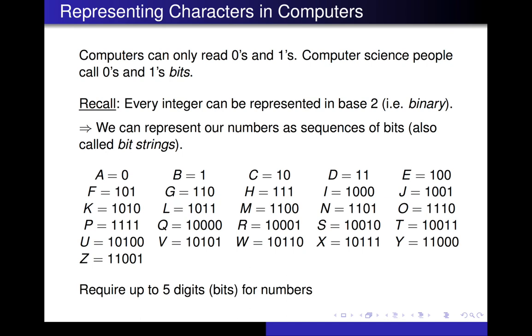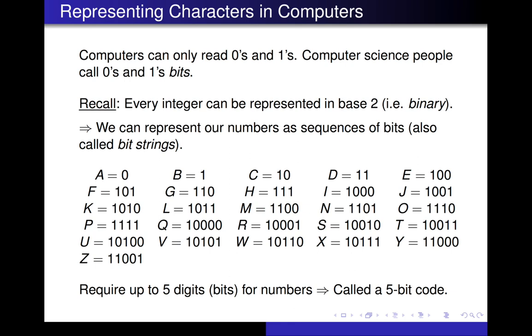Notice that the biggest number of bits in our bit strings is for the letter Z, which has 5 digits, 5 bits. And so what we need is 5 bits for the numbers, and that would be called a 5-bit code. So here is a 5-bit encoding of the letters of the alphabet.